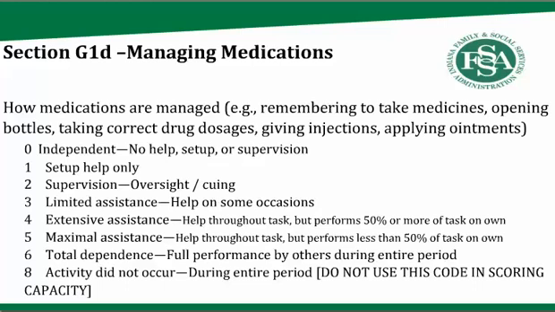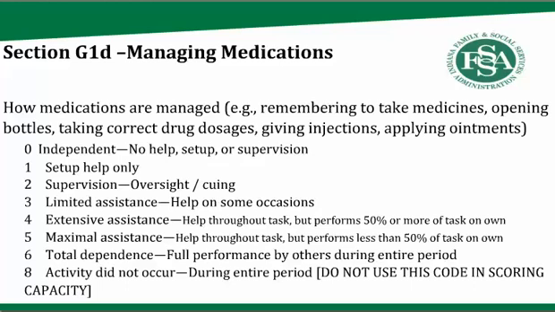If they're unable to get to the medication, that could be an example. Supervision is somebody who's providing oversight or cueing, so kind of guides them a little bit as to what to take, when to take it. Limited assistance: sometimes that person on some occasions may need help.